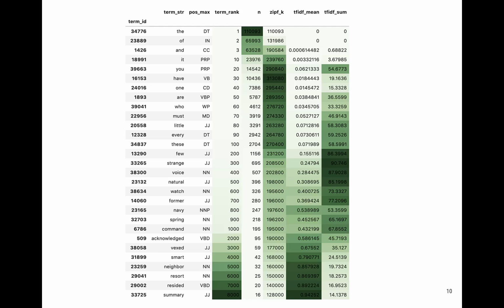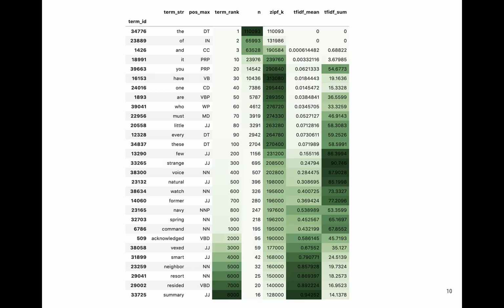So "the" is most frequently, and I think only ever, classified as DT, determiner, and you can see the others as well. "Natural" down there in the middle, as it were, is an adjective. So this table shows the distribution, the relationships between certain measures.